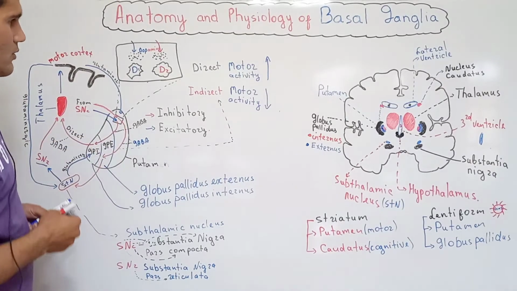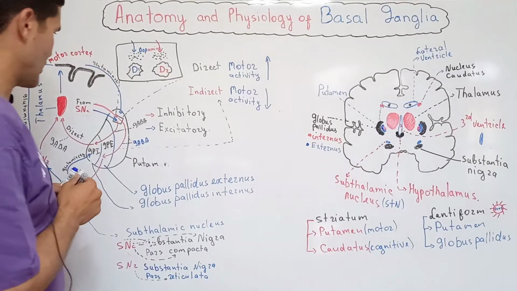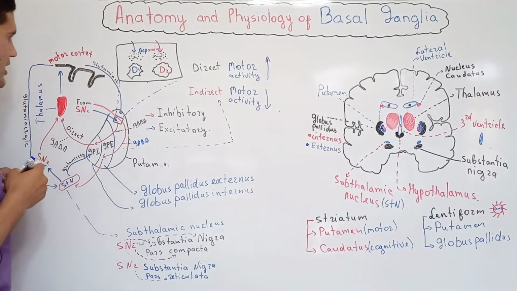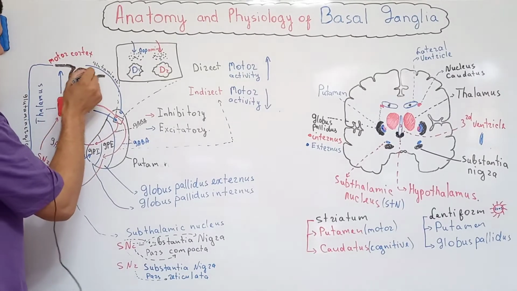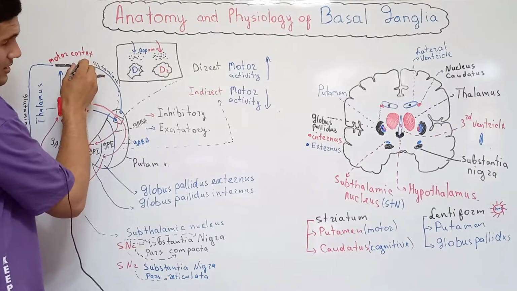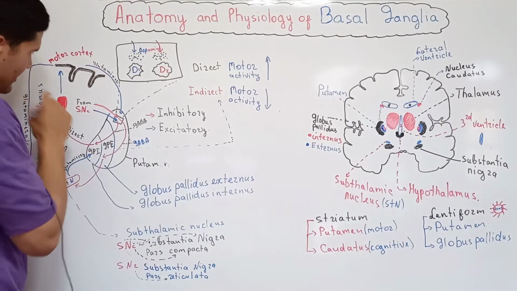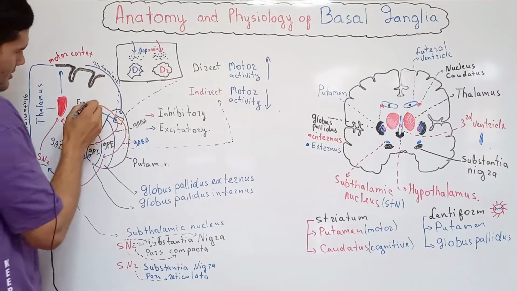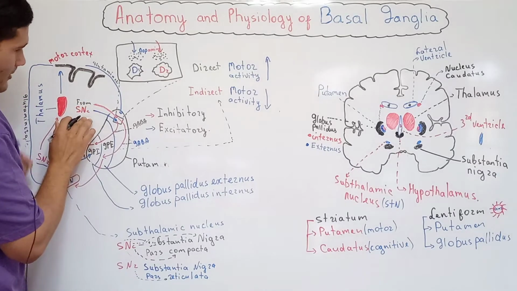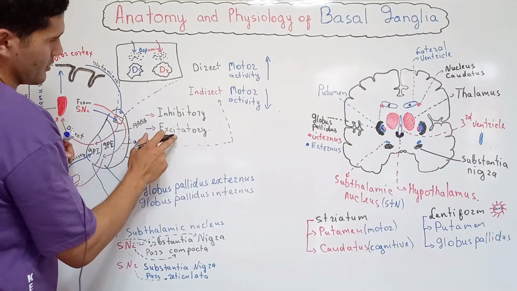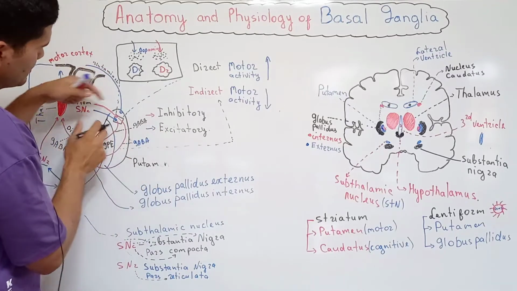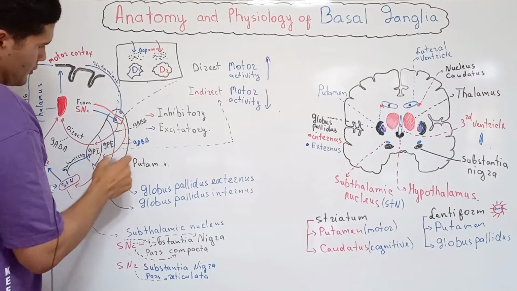Let's first talk about the direct pathway. The direct pathway initiates from two parts: first, the cerebral hemispheres, and second, the substantia nigra pars compacta. Both of them conduct stimulatory or excitatory impulses to the putamen.